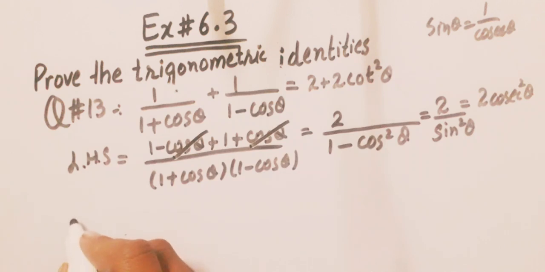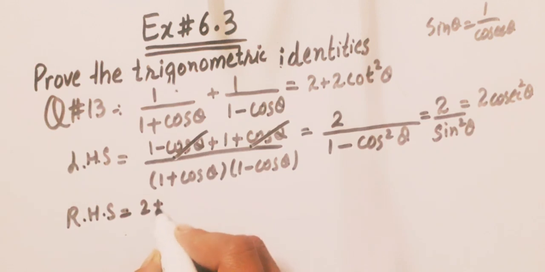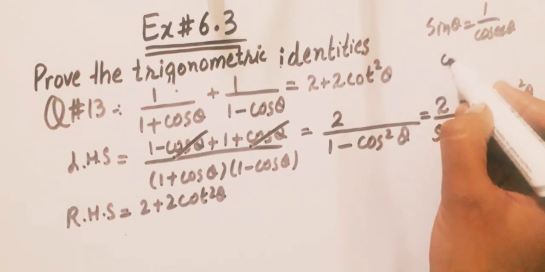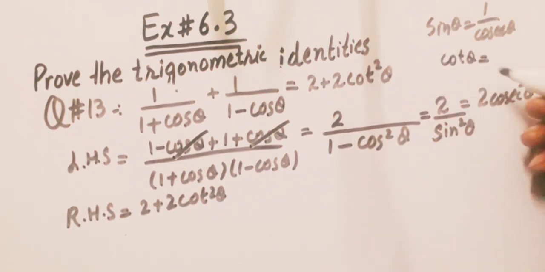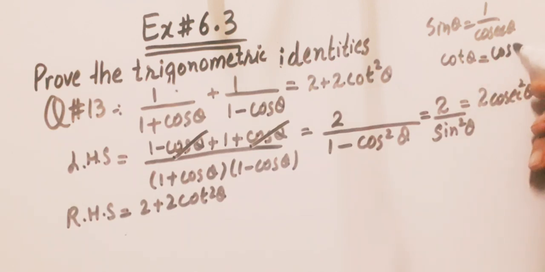Now we will solve the right hand side also, which is equal to 2 plus 2 cot square theta. We know that cot theta is the reciprocal of tan theta. So tan theta is equal to sin theta over cos theta, and cot theta is equal to cos theta by sin theta.